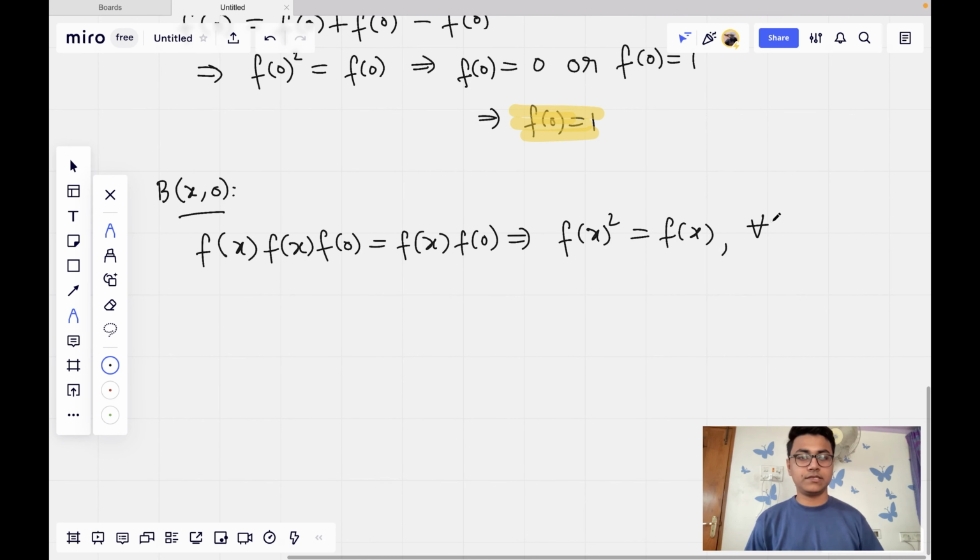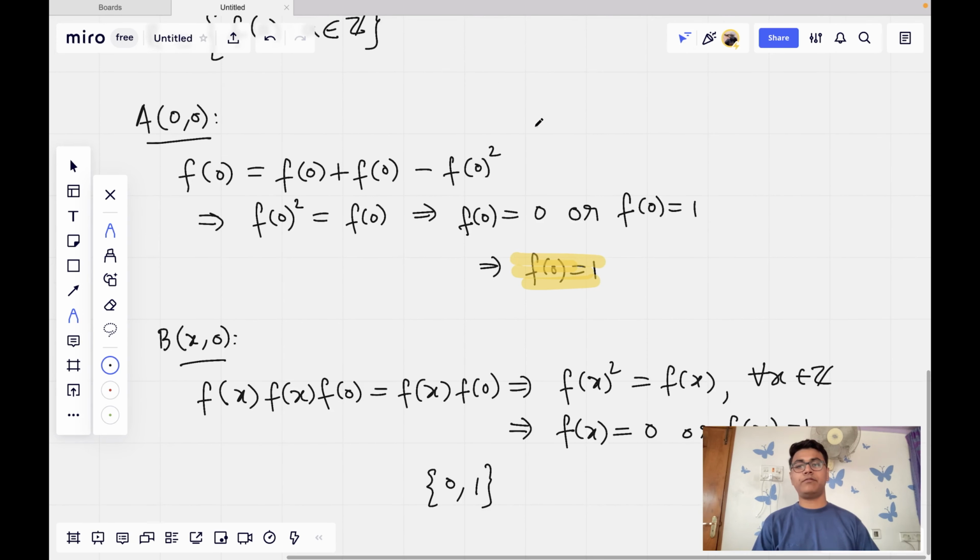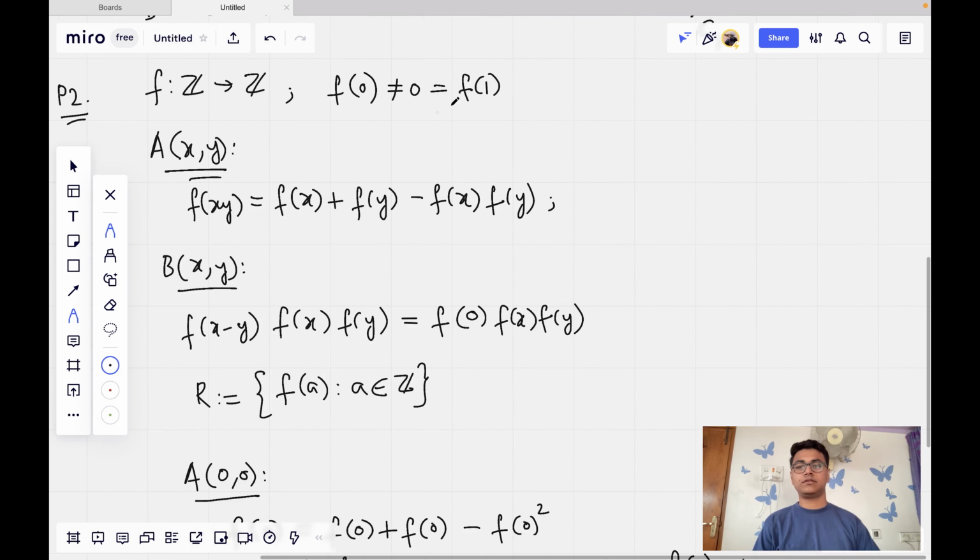Now remember, this is true for all integers x. So for all integers x, f of x is either equal to 0 or it is equal to 1, right? So the range set is a subset of the set {0, 1}, but we have already seen that f of 0 is equal to 1, and we have been given that f of 1 is equal to 0.